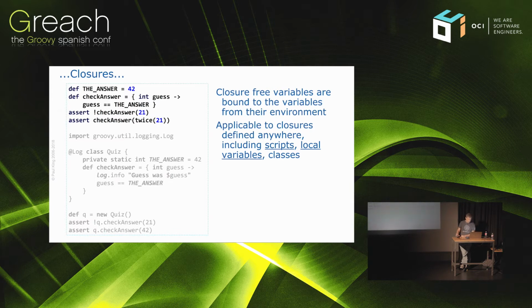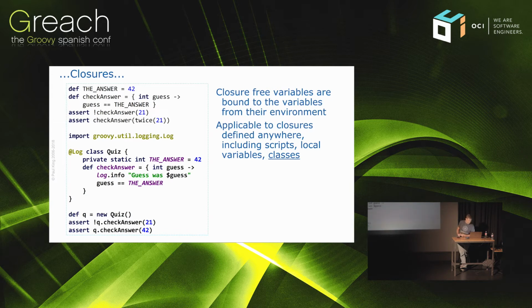Is that a good or bad thing? The first example, I've just got it running in a script with local variables. The same thing applies if I'm running it in a class. So in this particular example, I've got the exact same example inside a class, but I've also got logging enabled in that class. As well as checking against this global variable, I'm also going to call a log function.